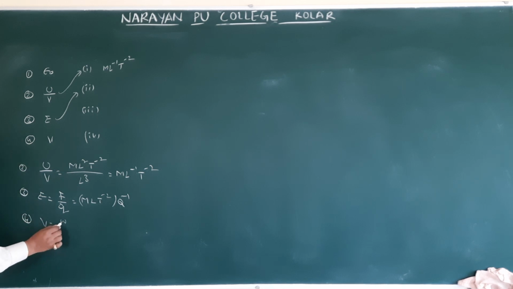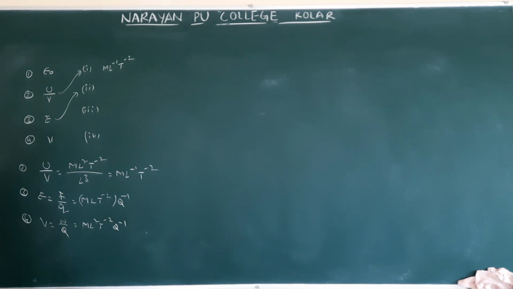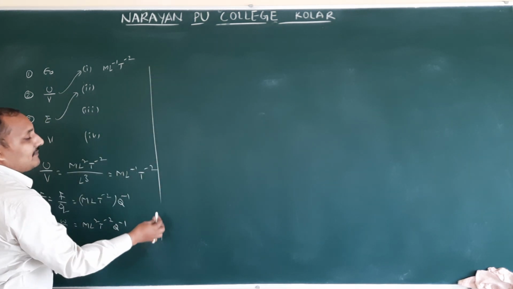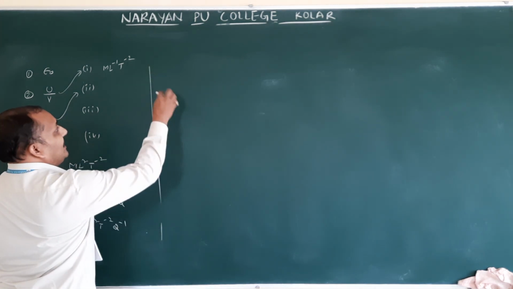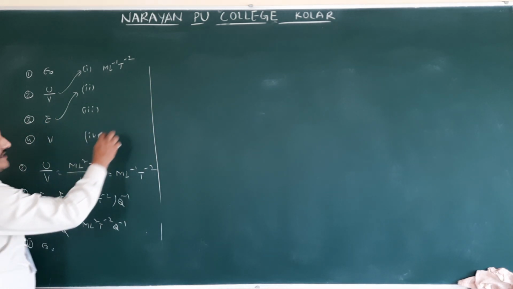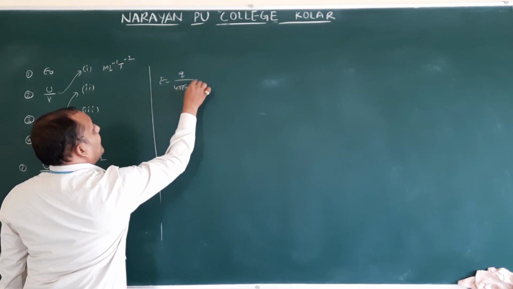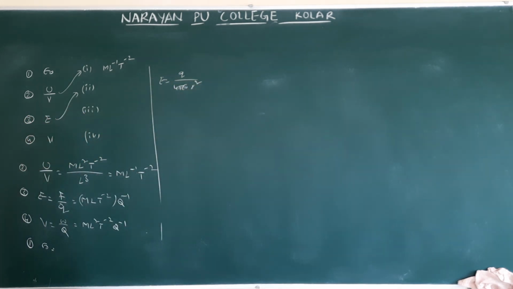Fourth one: V is equal to work done by charge. Work done dimension formula: M L square T power minus 2 Q power minus 1. So this dimension formula is correct. The first one is epsilon naught, which you might have forgotten. If you have forgotten, you will have so many equations to recall. In terms of E, E is equal to q by 4 pi epsilon naught r square.